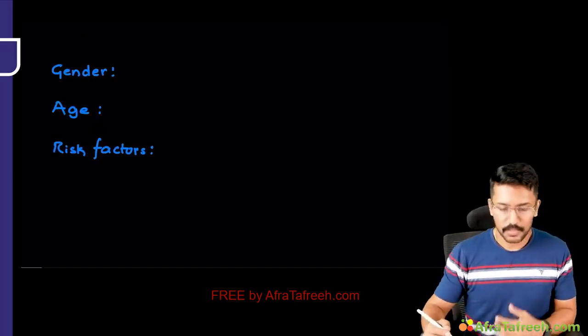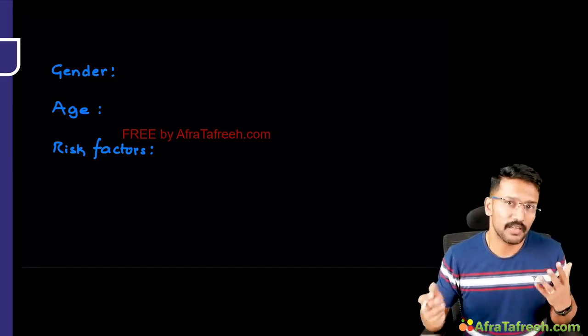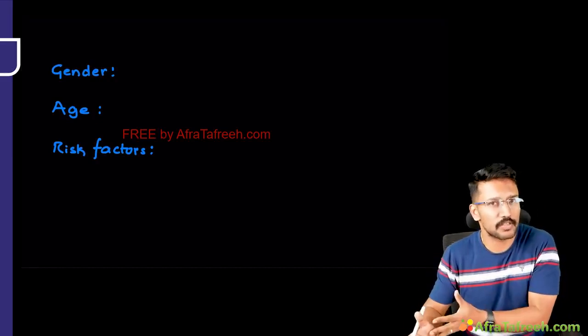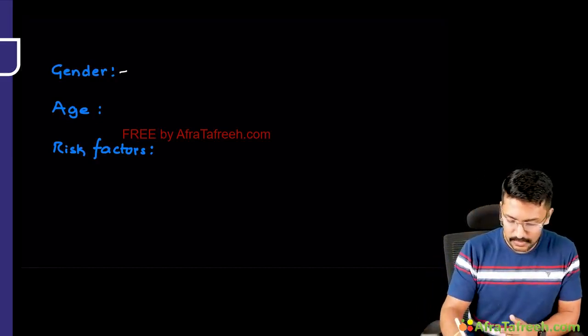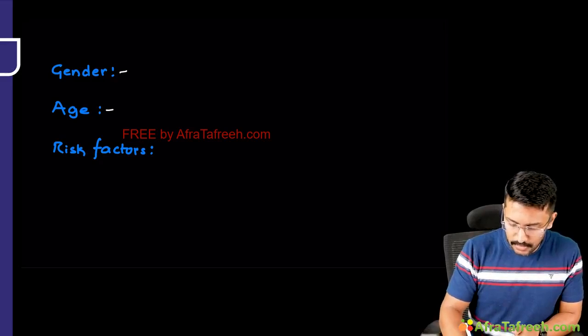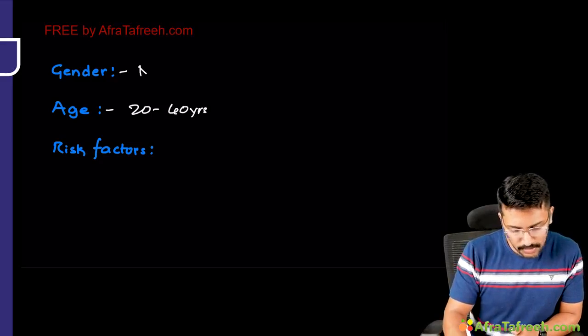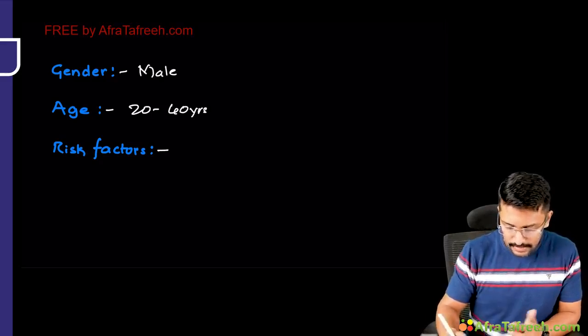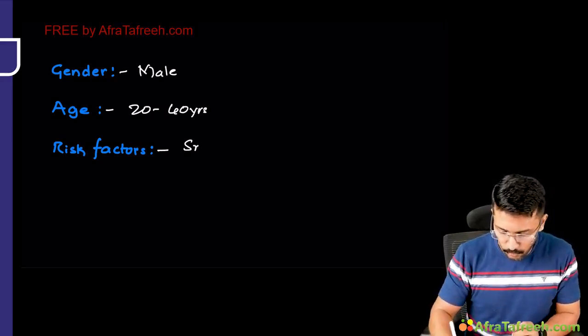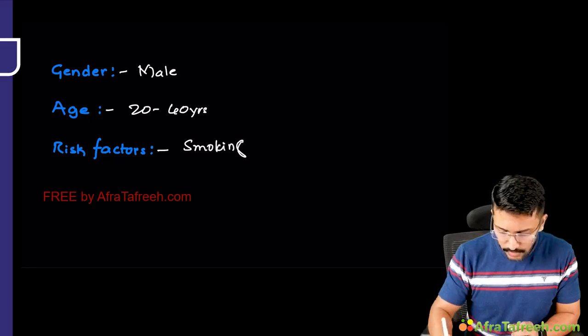Okay, when you look at the patient presenting with an acute respiratory distress syndrome-like presentation, and if the patient's age is in the range of 20 to 40 years, gender is mostly male, and he has important risk factors in the form of smoking.